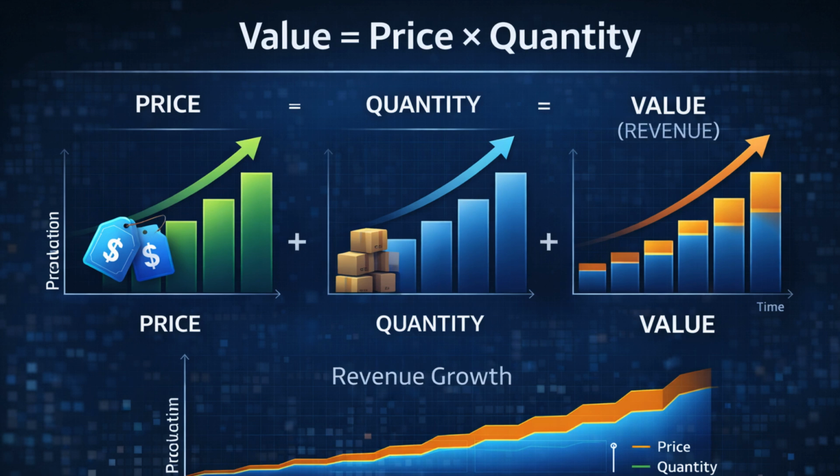For example, a country's export value might increase because prices increased, quantities increased, or both. Value indices capture the combined effect, and there is also a mathematical relationship: value index equals price index multiplied by quantity index. This relationship helps economists separate price changes from quantity changes when analyzing economic data.